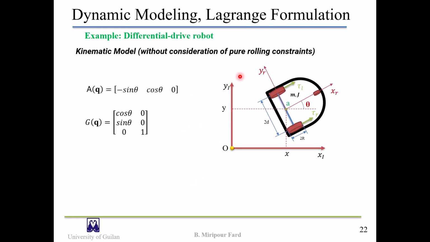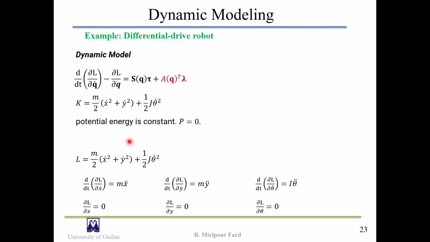From kinematics, we have already obtained the matrices A and G. The expression of the kinetic energy of this system is given as you can see here. Don't forget that we have neglected the mass of the wheels.